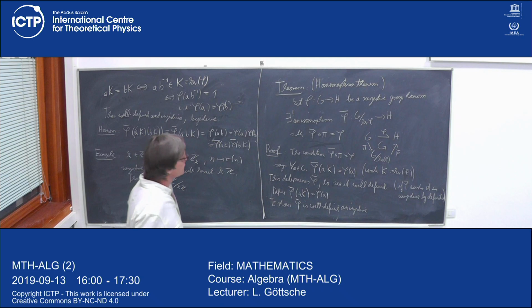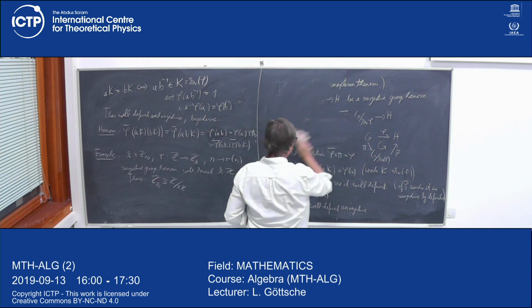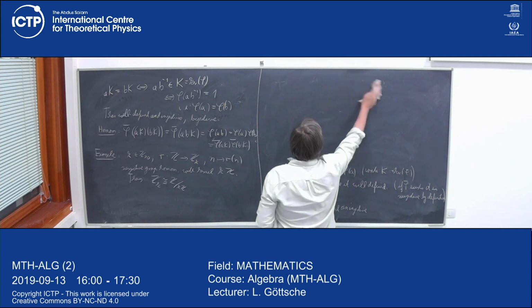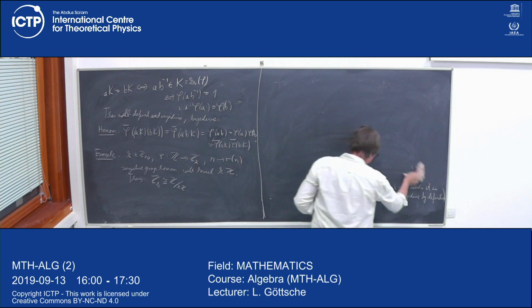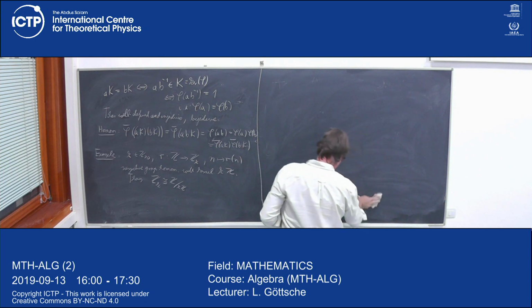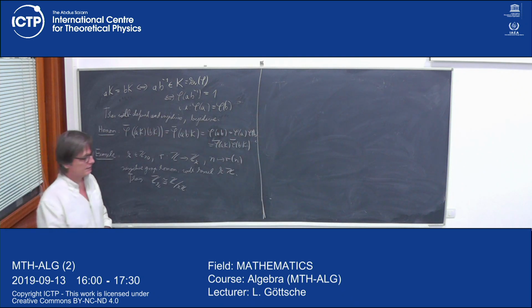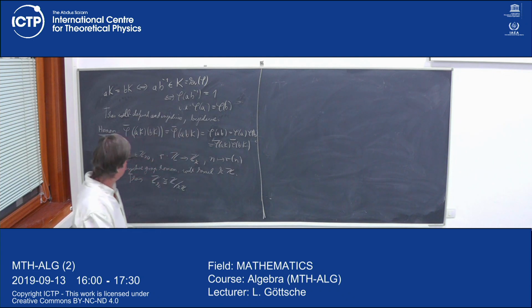I want to give just one more example of a normal subgroup, which we will sometimes use, which is the center of the group. So the center of the group is the set of all elements which commute with all other elements, and this will turn out to be a normal subgroup.